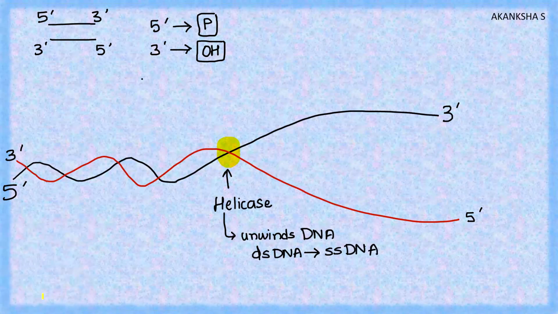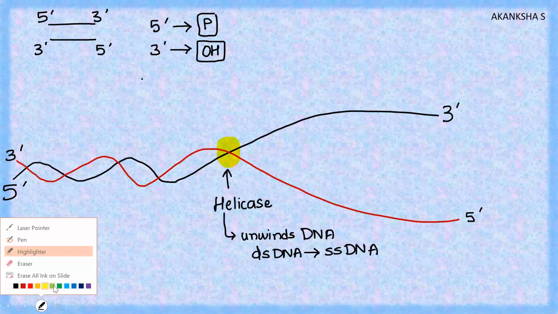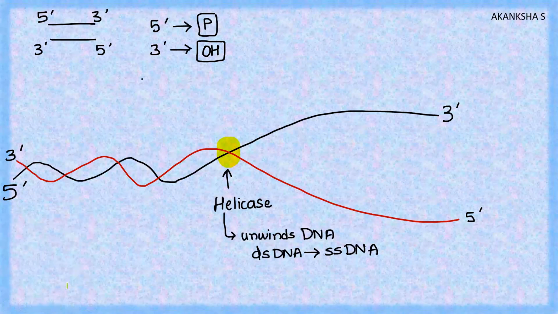Now that the strands have separated, I'll tell you something. DNA is oppositely aligned, meaning it is complementary to each other. Okay, what does that mean? That one strand of DNA will always try to bind with the opposite strand of the DNA. But we want to replicate, right? We want another copy to be made.